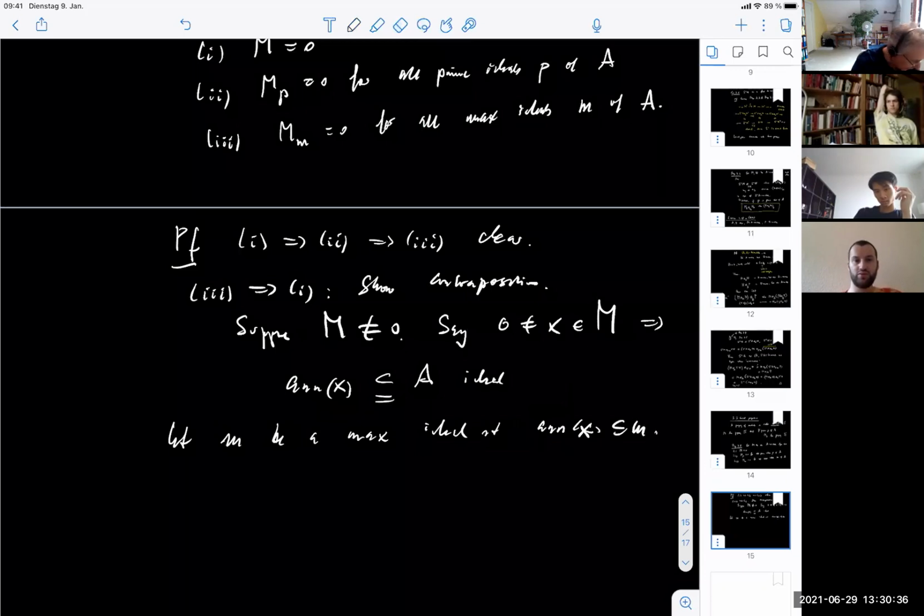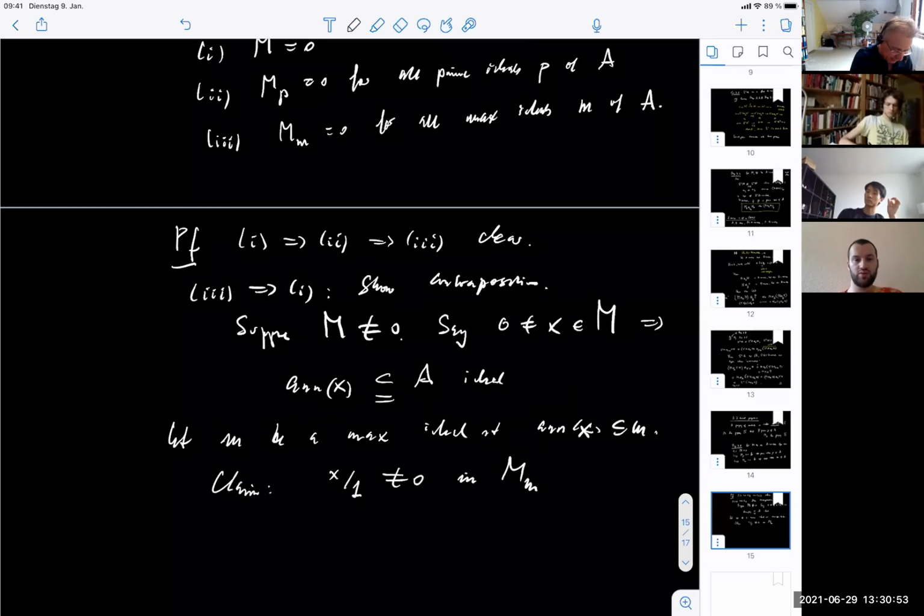I just have to check: I claim that the image of x in the localization, which I write x over 1, is not zero in the localization M_m. Now let's check why it is non-zero.